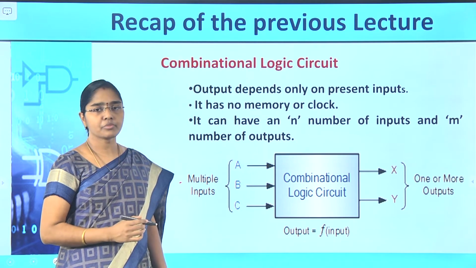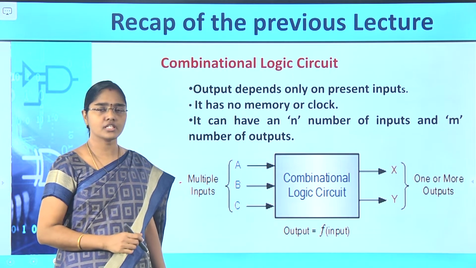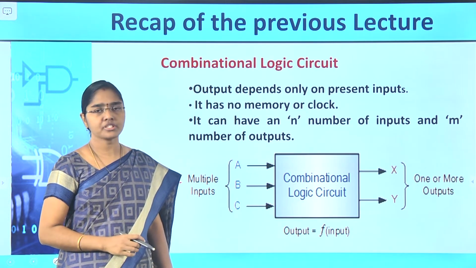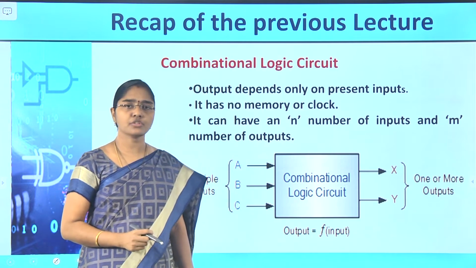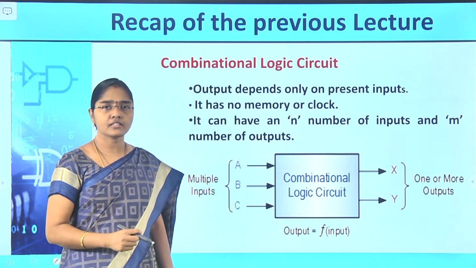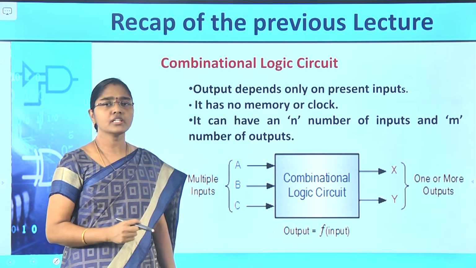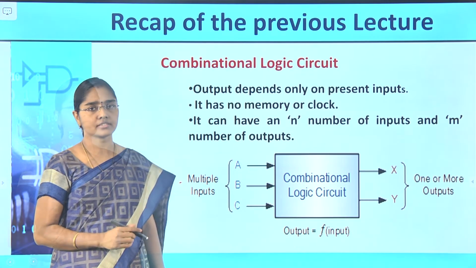Let's see a recap of the previous lecture. In the last lectures, we have seen an introduction to combinational logic design and the design of any combinational logic circuit using logic gates, and then one of the important and basic arithmetic circuits, adders, we have designed.